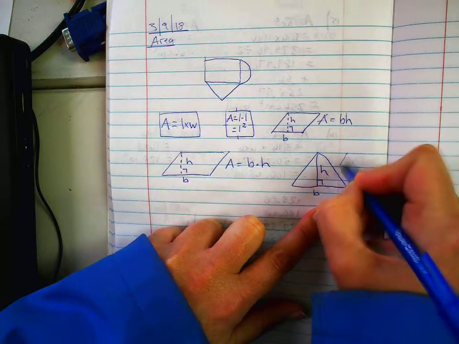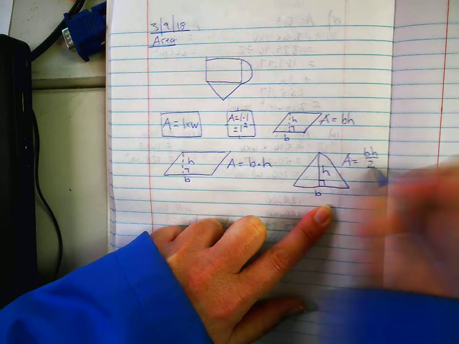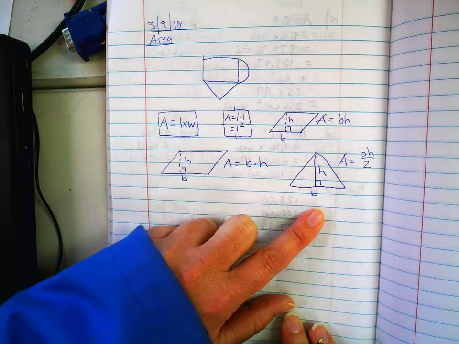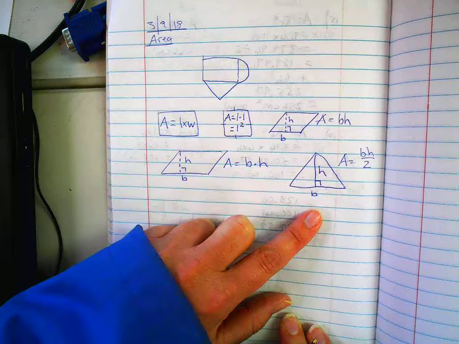So this area would be base times height divided by 2. If it was not divided by 2, you would have found the area of a rectangle. So it needs to be divided by 2.